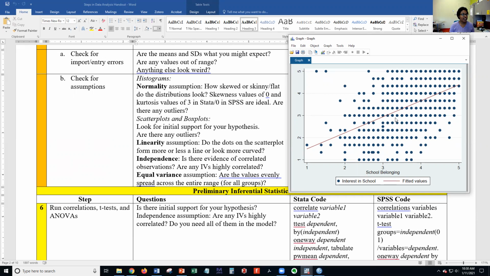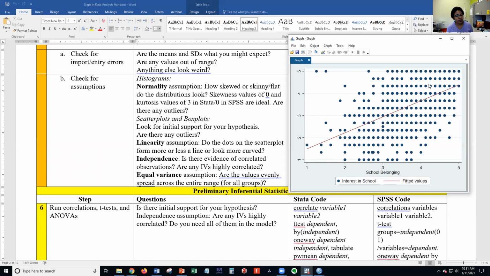Independence: is there any evidence of correlated observations? We don't see any patterns here that would indicate that some of the observations are correlated. We can't tell from this scatter plot whether our independent variables are highly correlated. And then for the equal variance assumption, are our values evenly spread out across the range?